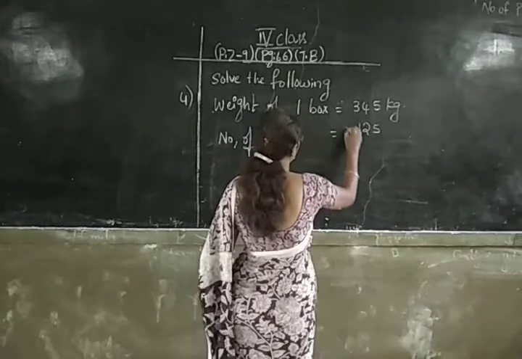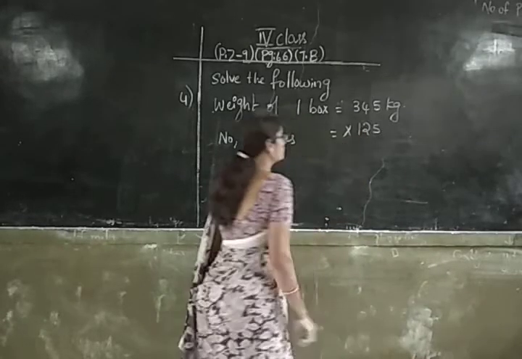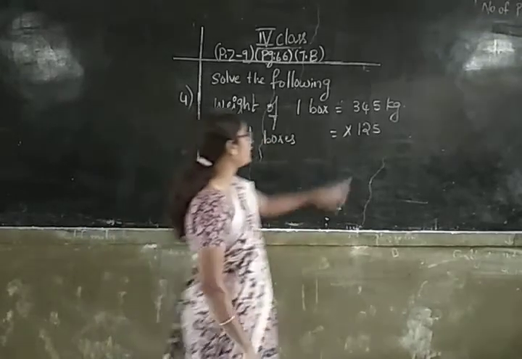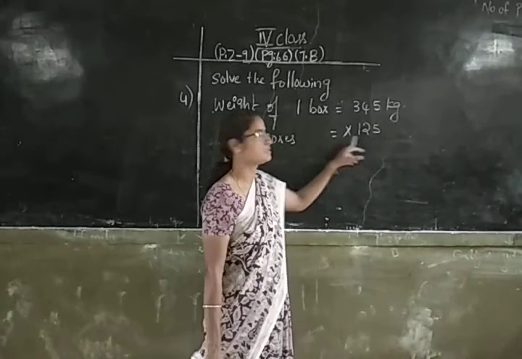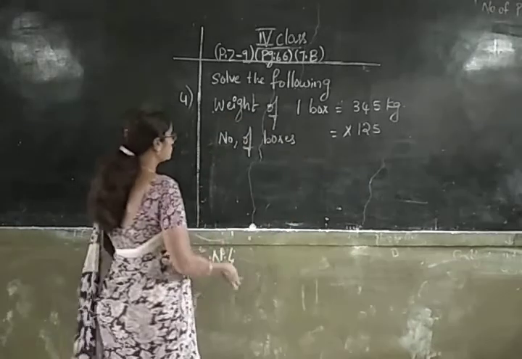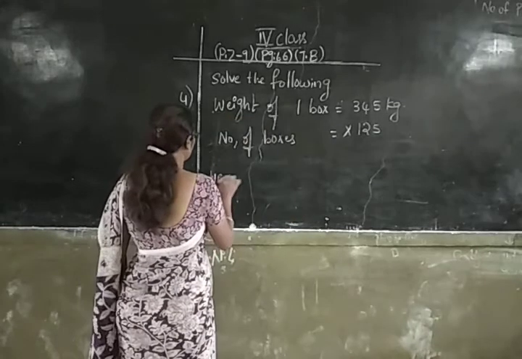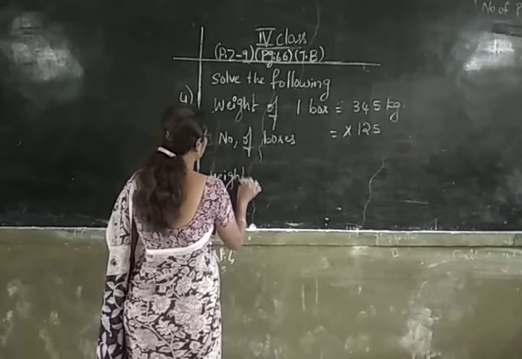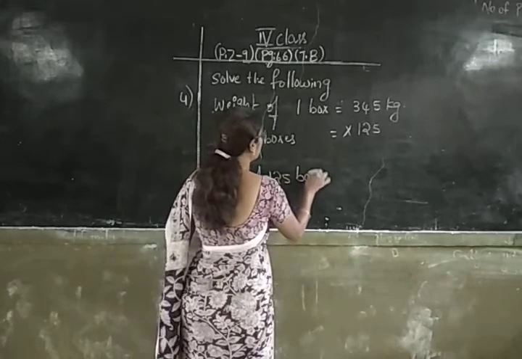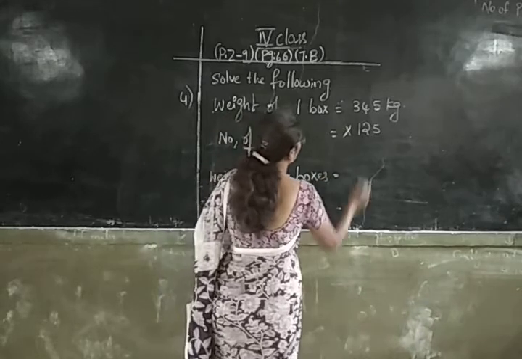For this we have to use the operation multiplication, because here the weight of one box is given and we have to find out the weight of 125 boxes. So the weight of 125 boxes is equals to.